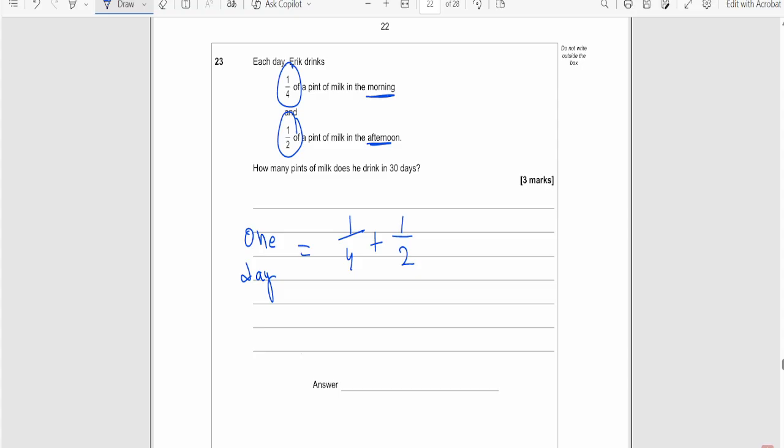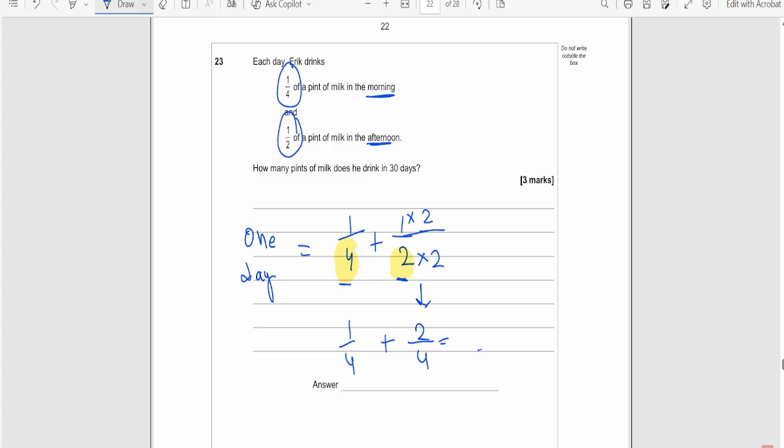How do we add fractions? We need to make the denominator the same. Like if this is 4, this should be 4. How can I make this 2 into 4? With which number should I multiply? 2. Yes, and with the same number we multiply the numerator. So it would be 2/4, and this is 1 over 4.